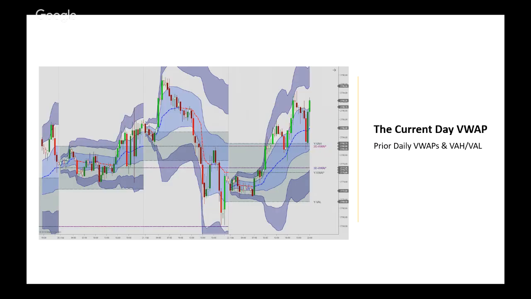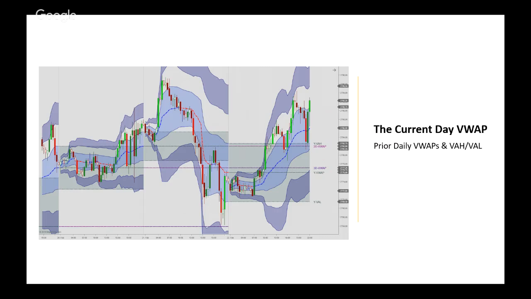The premium daily VWAP comes with the same features as we've discussed here. So what we see here is the VWAP 3 days ago. Just follow this line here, and we see this is where the VWAP ended up 3 days ago. And if we follow the VWAP from 2 days ago, we go 2 sessions back, and obviously then yesterday's VWAP going back here.